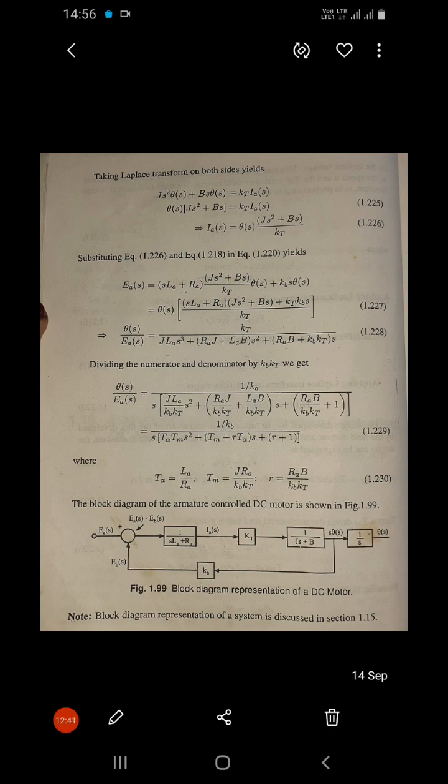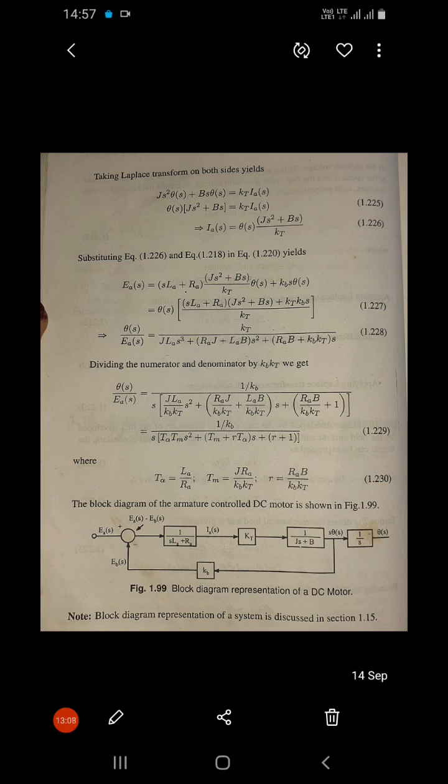Now, if we want to simplify this equation, we divide the numerator and denominator by Kb Kt. After dividing, the equation is 1.229.